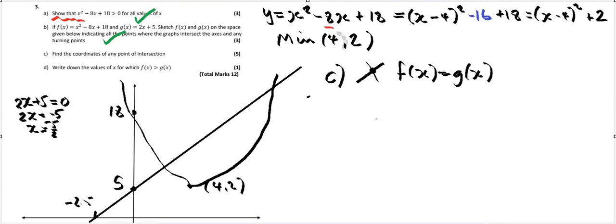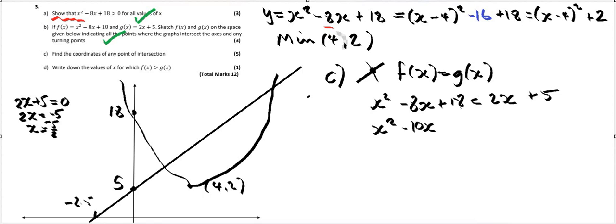So my x squared minus 8x plus 18 has to be equal to 2x plus 5. Again, let's turn it into one single thing to find our solutions. Get together the like terms. So I've got x squared, I've got minus 8x, and I'm going to take away 2x from both sides, so minus 10x. I've got 18 on this side, and I have to take away 5 from both sides. So that's going to be plus 13 equals 0.